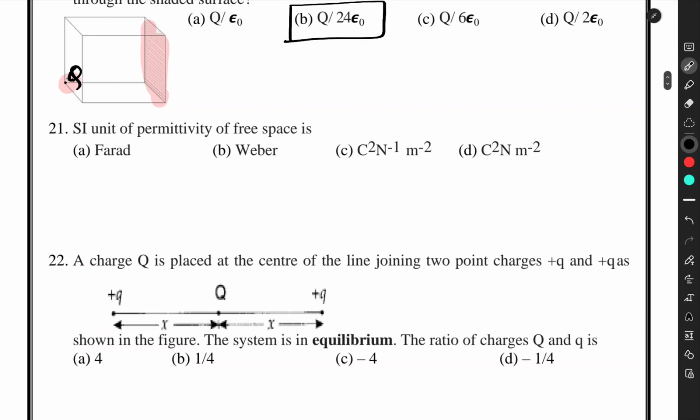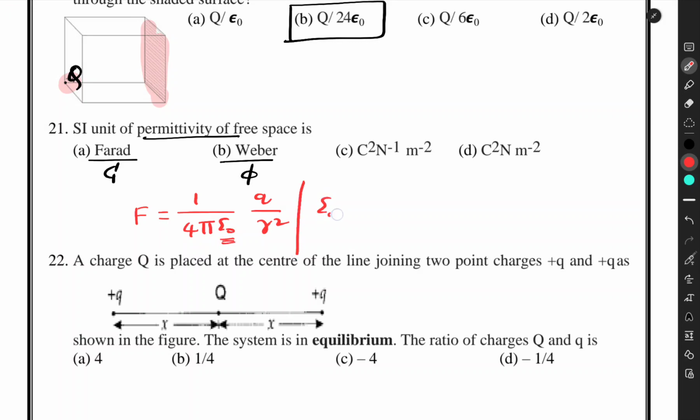What is the SI unit of permittivity of free space? See, farad is the unit for capacitance, weber is the unit for electric flux. Here they are asking permittivity. We know that F is equal to 1 over 4 pi epsilon naught into q1 q2 by r square, we have studied, right? So we need the permittivity of free space, that is epsilon naught, that is equal to 1 over 4 pi, for this there is no unit, q1 into q2 by r square.